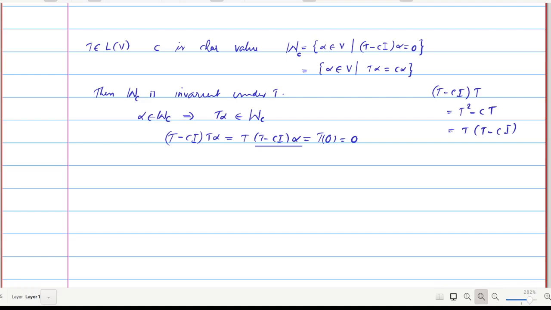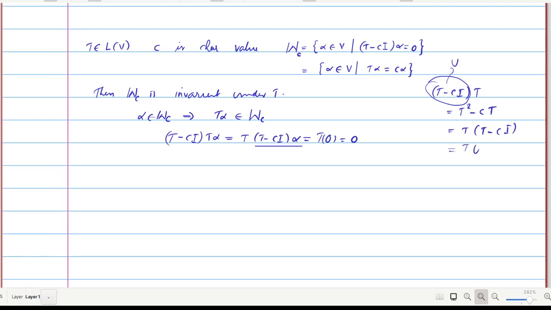If these two are linear operators which commute, then we know that the null space of T minus CI, that we have discussed just above, is nothing but the WC. So WC is invariant under T because T commutes with this linear operator. If you take this as the linear operator U, then we can say that UT is equal to TU here.